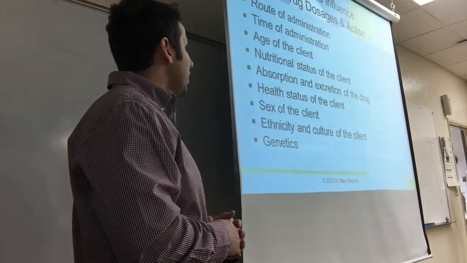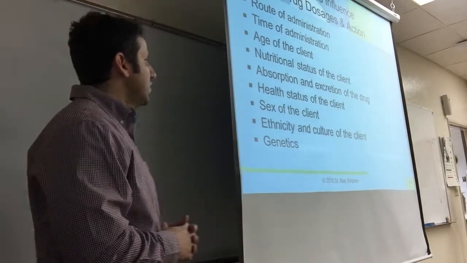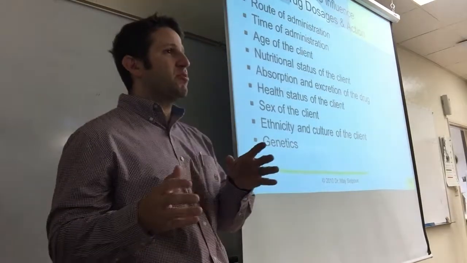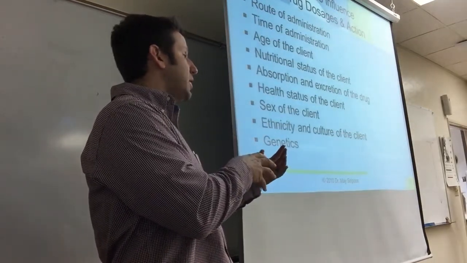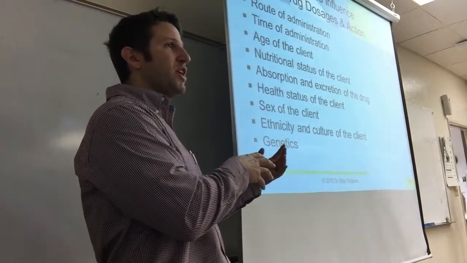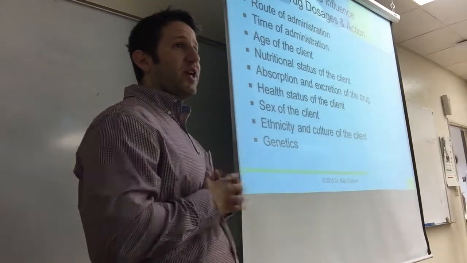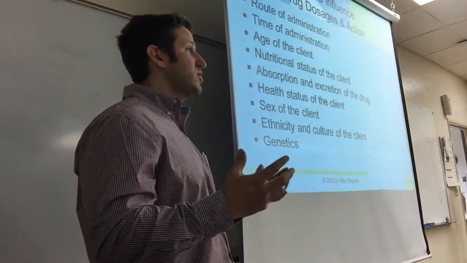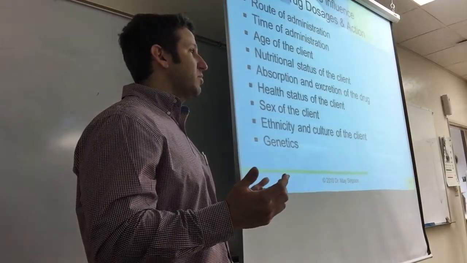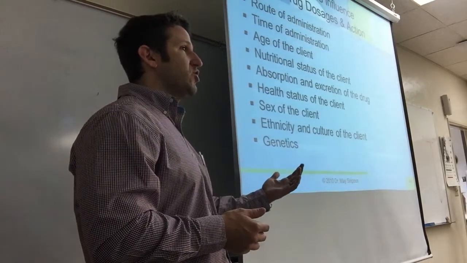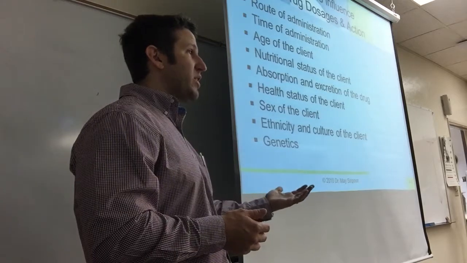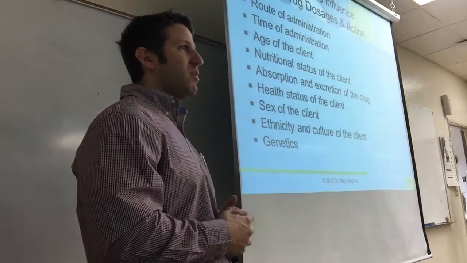When I have a Hispanic gentleman that comes in needing blood pressure medication versus an African American person that needs blood pressure medication, we choose two different kinds of medications for the same symptoms, to change their blood pressure, because some medications work good for some races and some medications don't when it comes to blood pressure.